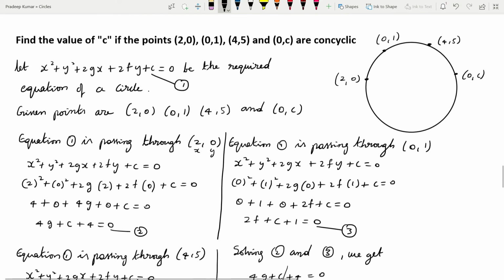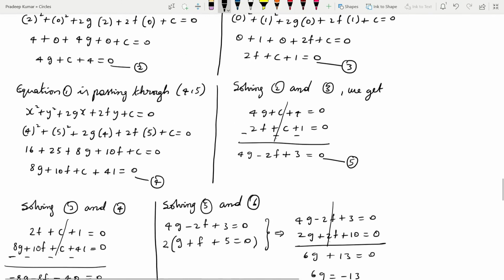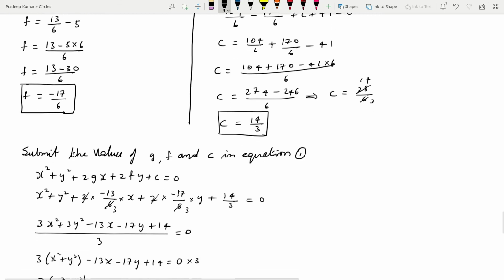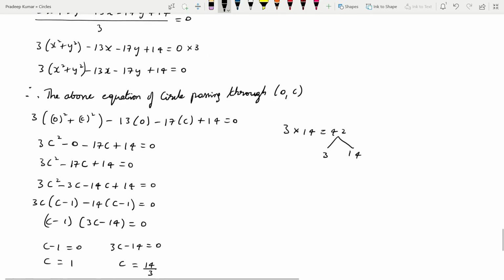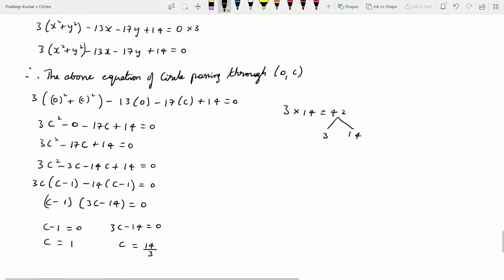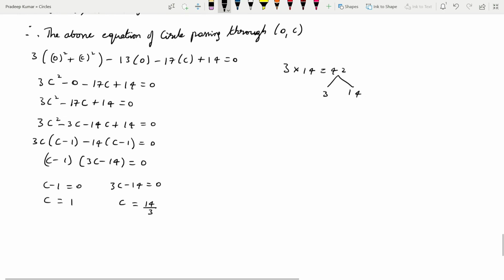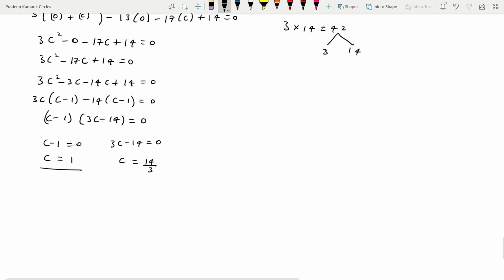The points are 2 comma 0, 0 comma 1, 4 comma 5, 0 comma c. The point 4 comma 5 is there, so it should be a nearby value to make a circle, but 14 by 3 is 4 point something, so you can't get the point like that. So the only value we can take is c equal to 1.